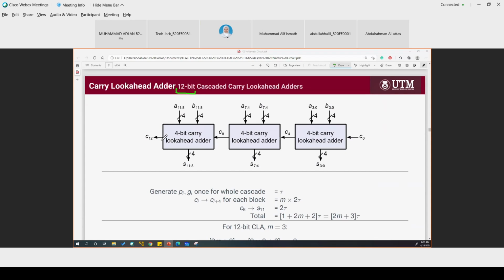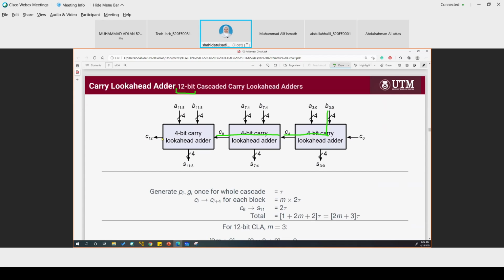But when we just simply cascade that, the longest path is coming in here, then going here, and then this block has to wait for the C4 to compute and generate C8.